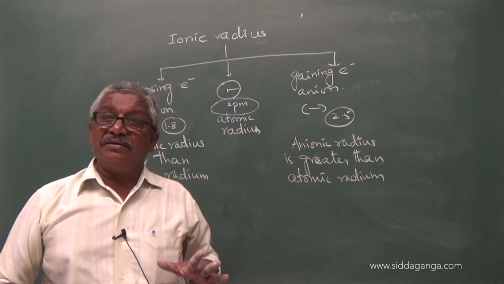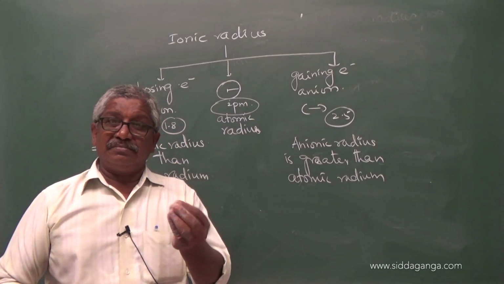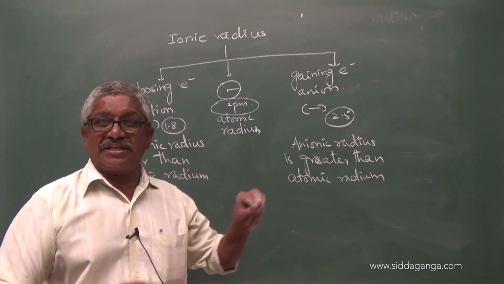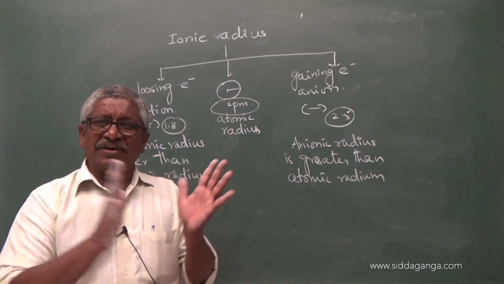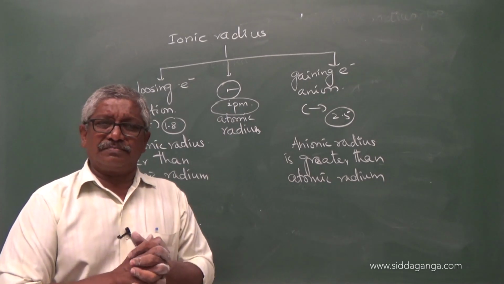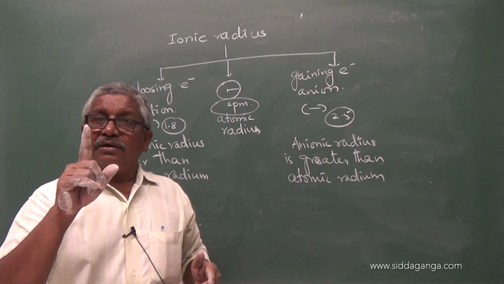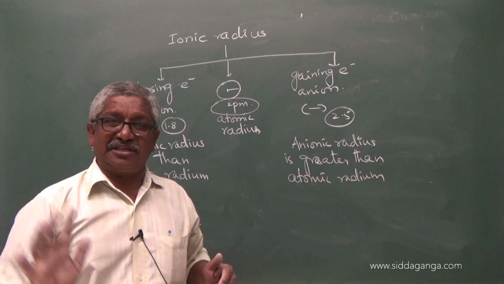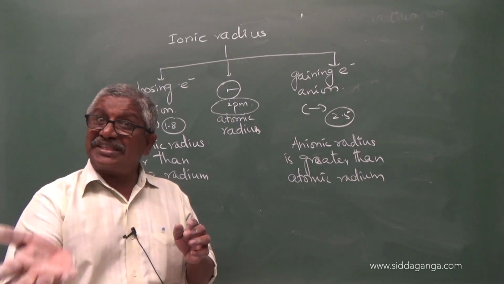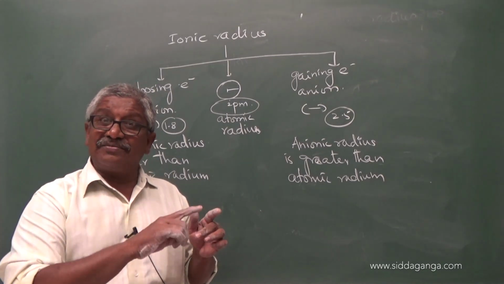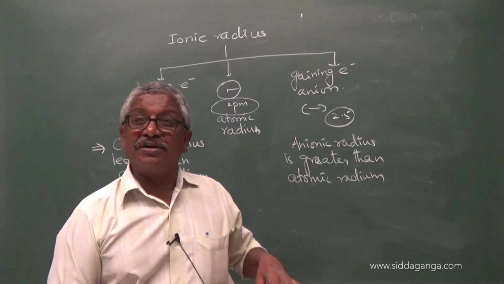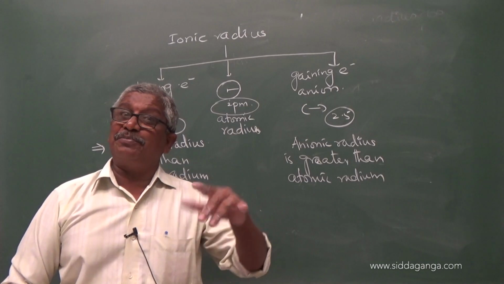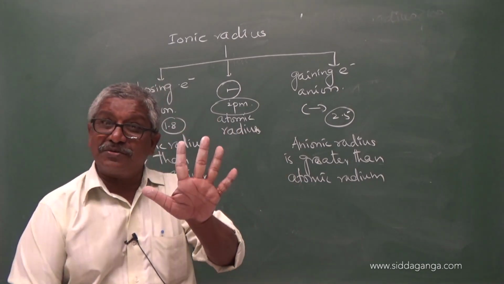Cation means what? Consider an atom having 5 protons and 5 electrons. Losing an electron is called oxidation. After losing the electron, the atom will become a cation. How many protons will be there? 5 protons will be there.